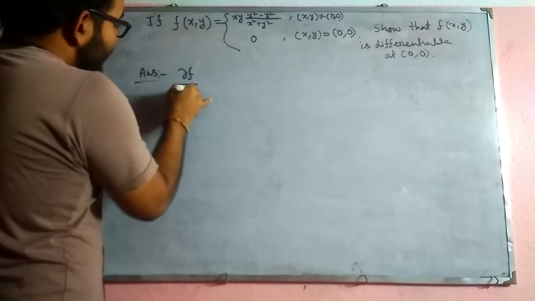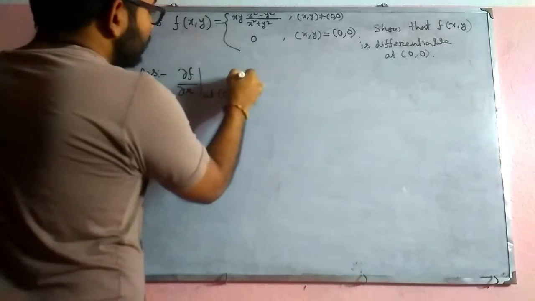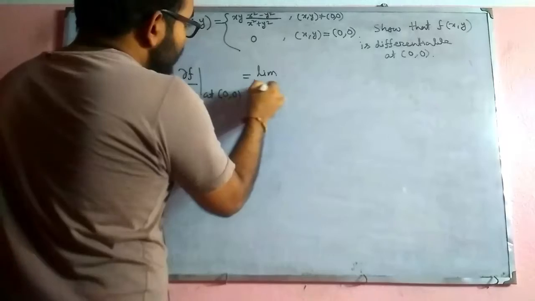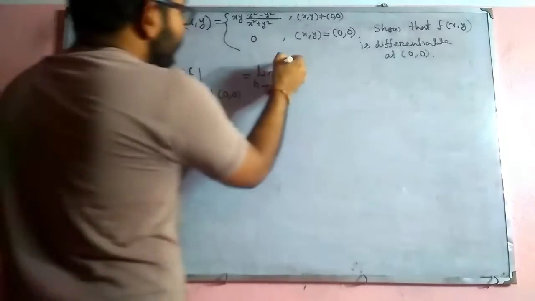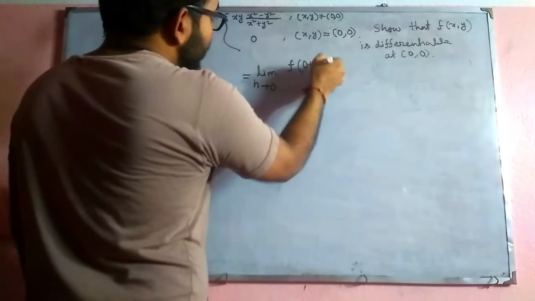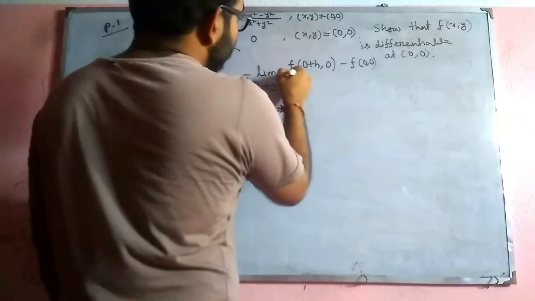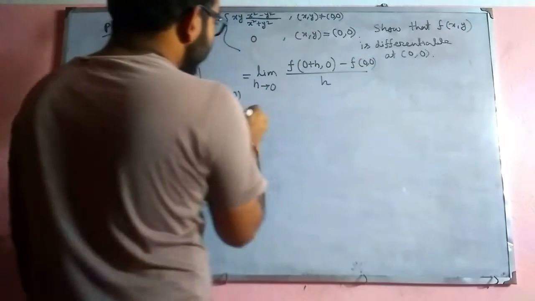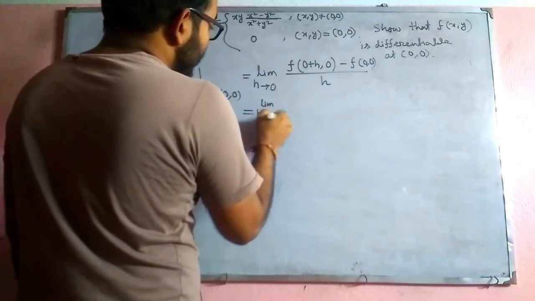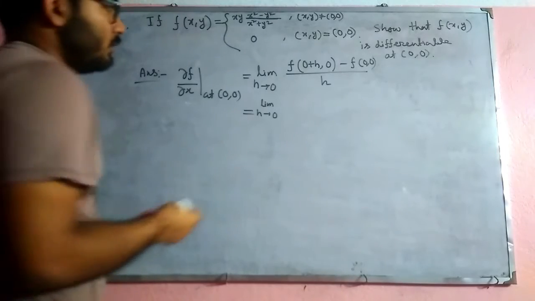∂f/∂x at (0,0) is equal to the limit as h tends to 0 of [f(0+h, 0) − f(0,0)]/h. Now what is f(h,0)? It will be 0.